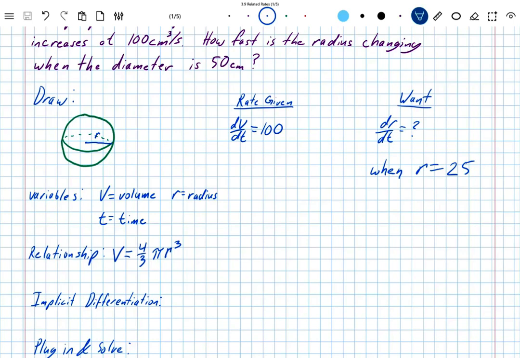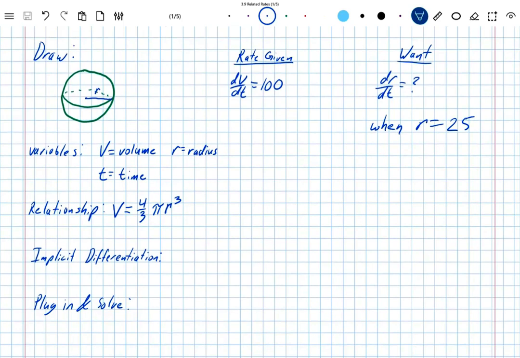Okay, so we've got this relationship. Why do we have this relationship? Because that's enough to know the relationship between these rates. How do I go from one to the other? I need to implicitly differentiate it. So here I go. I'm going to implicitly differentiate with respect to time. So I'm going to say, looks like dV dt is equal to 4/3 pi.